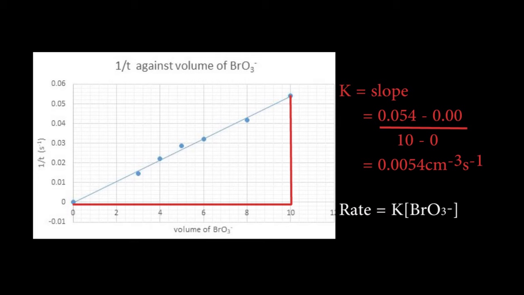Part 4, since the reaction is first order with respect to the concentration of bromide ions, the rate law is expressed as rate is equal to k times the concentration of bromide ions.